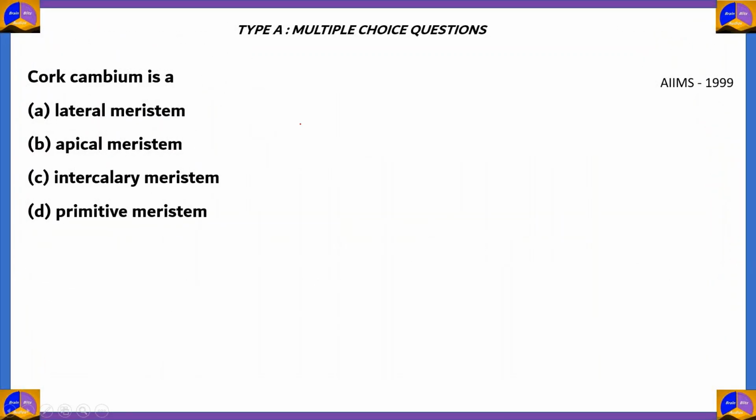Next question. Cork cambium is option A, lateral meristem, option B, apical meristem, option C, intercalary meristem, and option D, primitive meristem. Now, what does cork cambium do? It provides lateral growth to outer cortex.